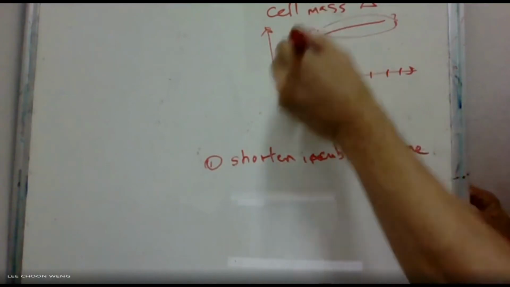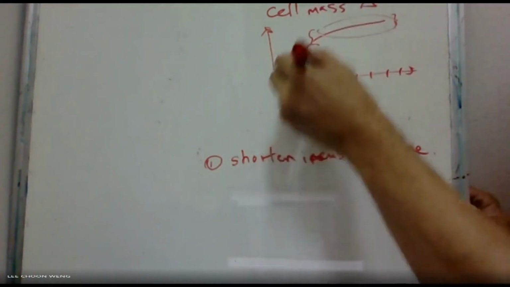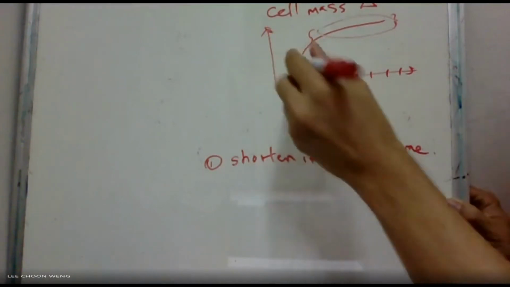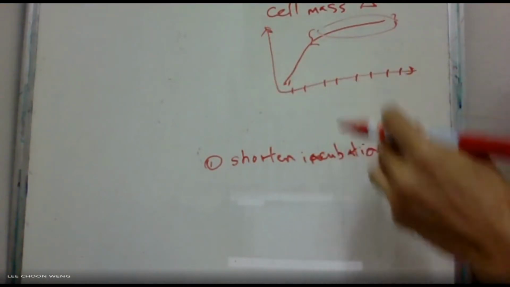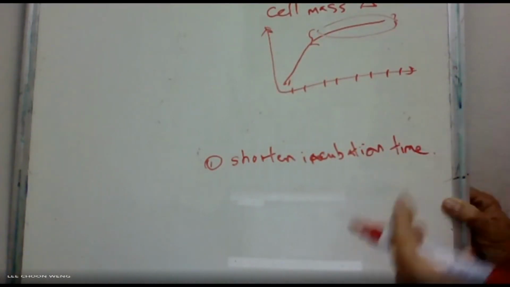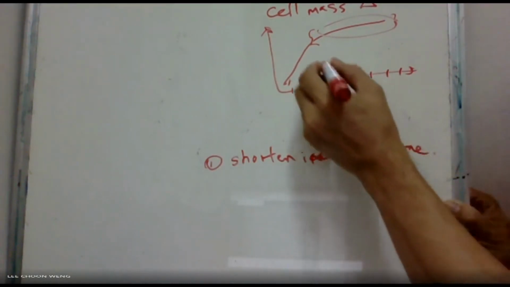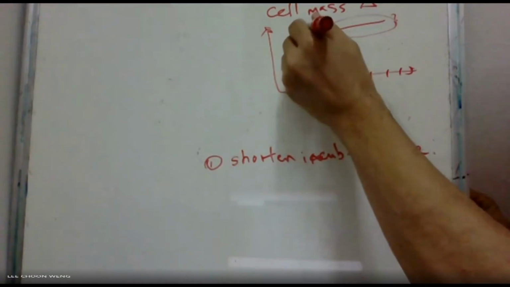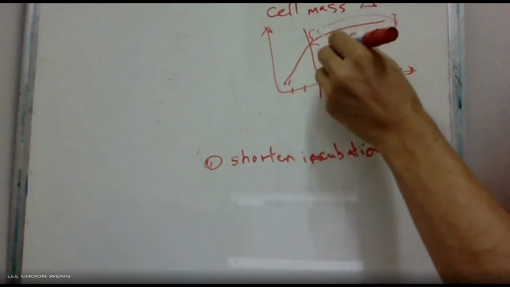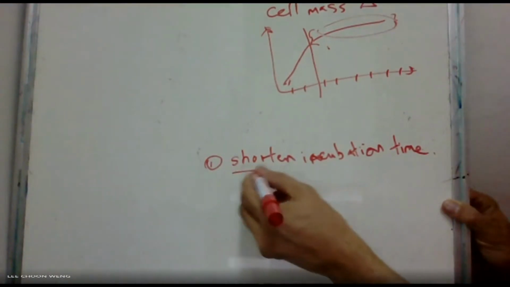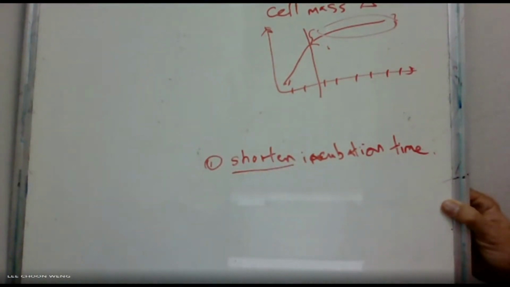The exponential growth of the bacteria, the line that you see here, is no longer linear. That means there is some kind of limiting factor that is affecting the bacterial growth. So it is best that you terminate the experiment before you reach the plateau phase. Okay, so you have to maybe shorten the incubation time.